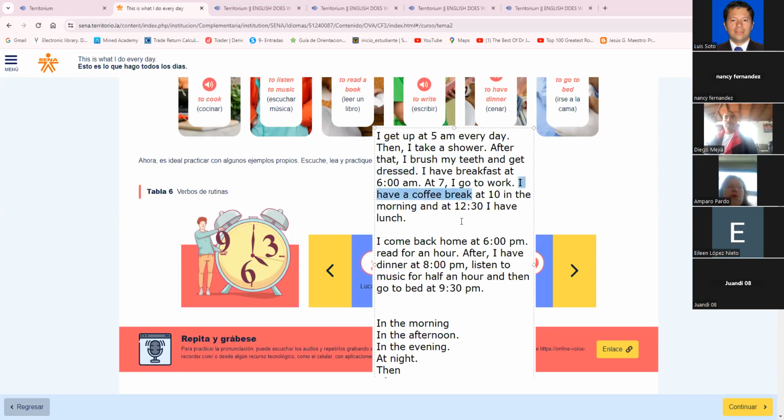Esto es un descanso de café, por decirlo así. Es decir, cuando tenemos un receso y nos tomamos un cafecito, se le llama el coffee break. Que no necesariamente tiene usted que tomarse un café, puede tomarse un juguito, un refresco, un té, ¿sí? Pero se le llama regularmente, es una expresión, I have a coffee break at 10 in the morning.